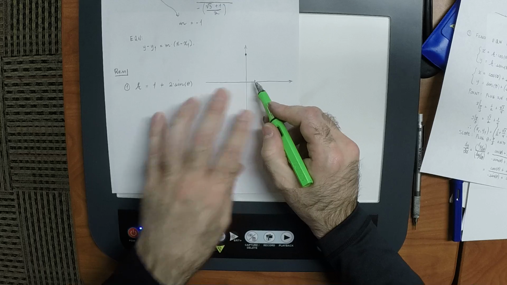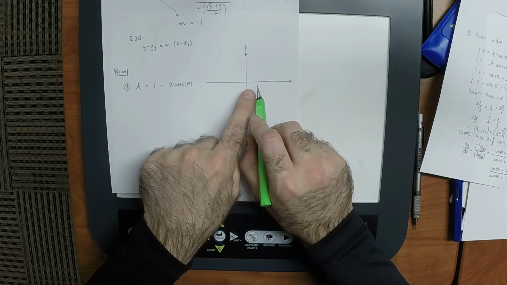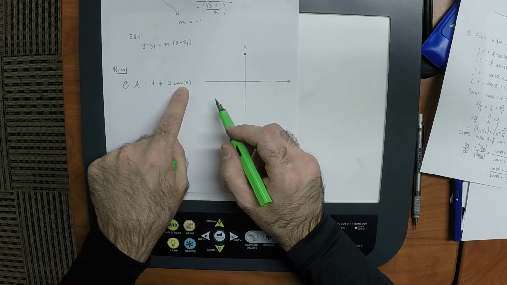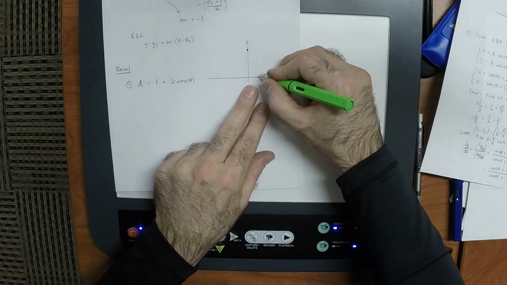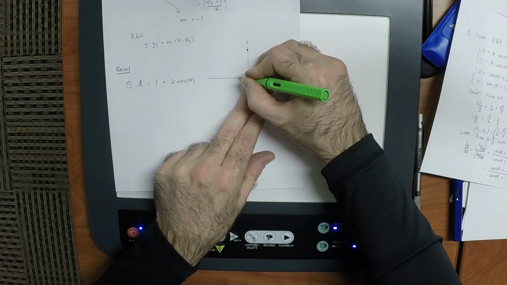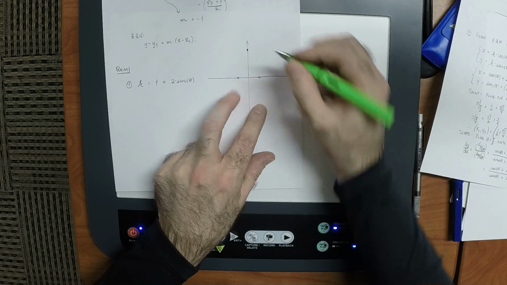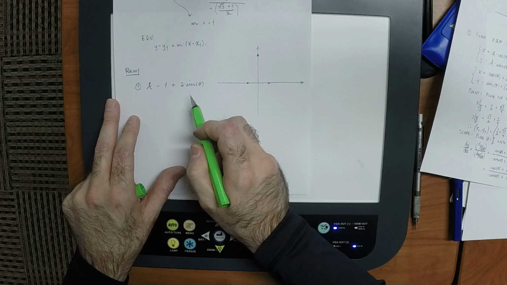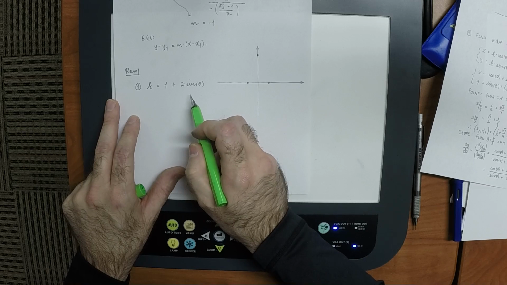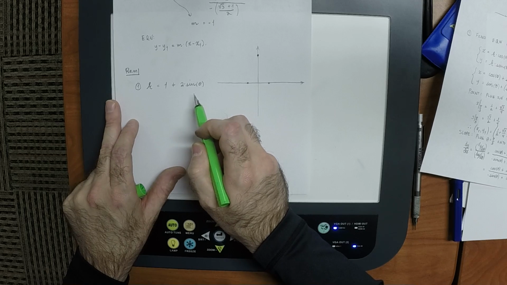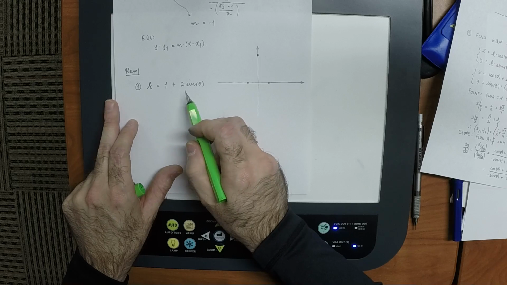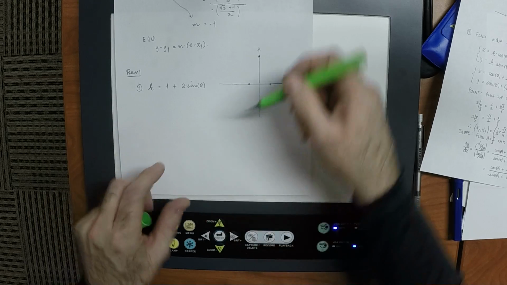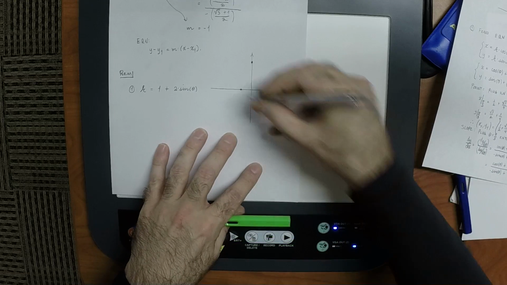At 0 and pi, sine is 0, so it'll just be 1 here and here. And then what angle produces the minimum value? Three pi over 2, right? So 3 pi over 2 is this angle right here.